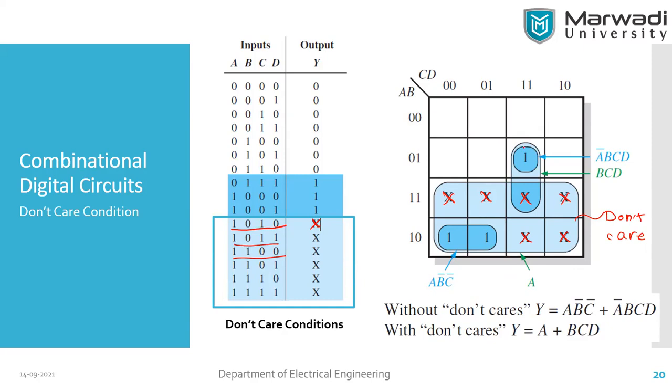Now, if we write 1 here, let's say, so it is A bar B C D. So we write 1 here. Then these 2 will make a pair. Now X means it can take any value, 1 or 0.